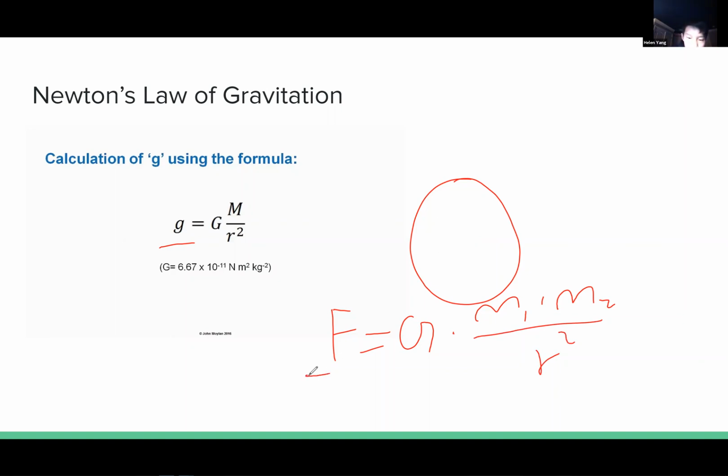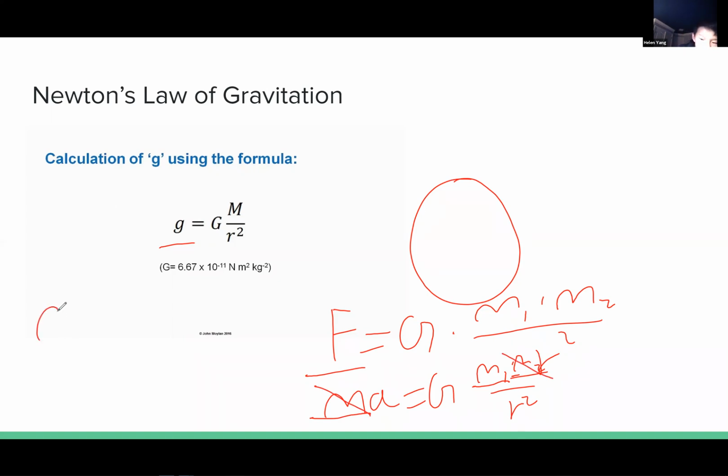You can write F as MA, so MA is equal to G times M1 times M2 over R squared. And for example, we can have one mass be the mass of the moon, and the other mass be the mass experiencing the force. So you can cancel out this mass and this mass.